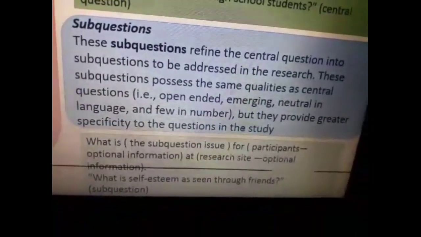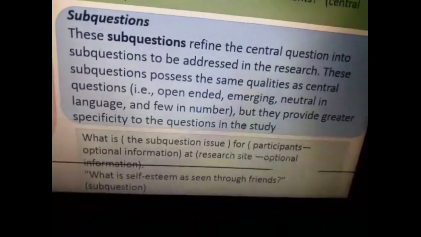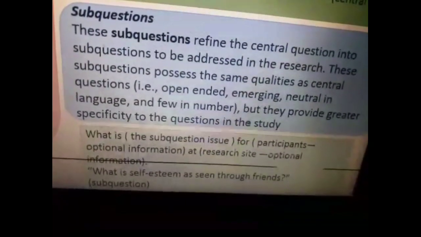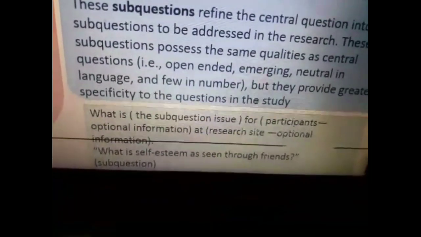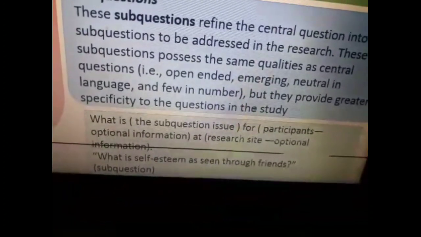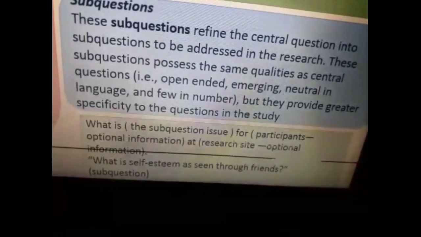This is the formula: What is the sub-question issue for participant, or optional information, at research site? For example, what is self-esteem as seen through friends? This is the sub-question example.